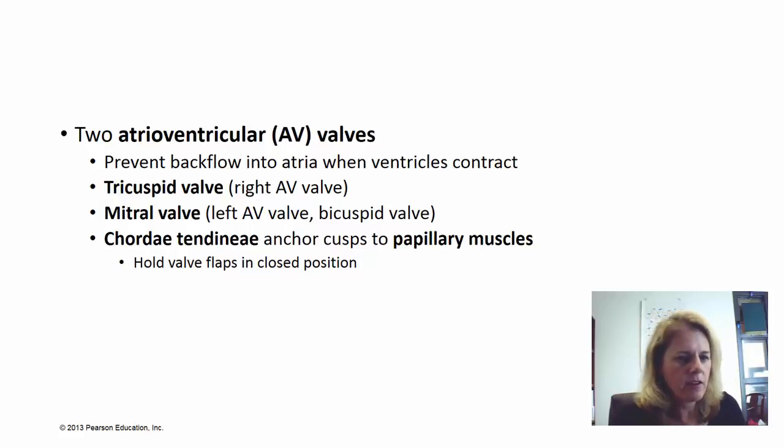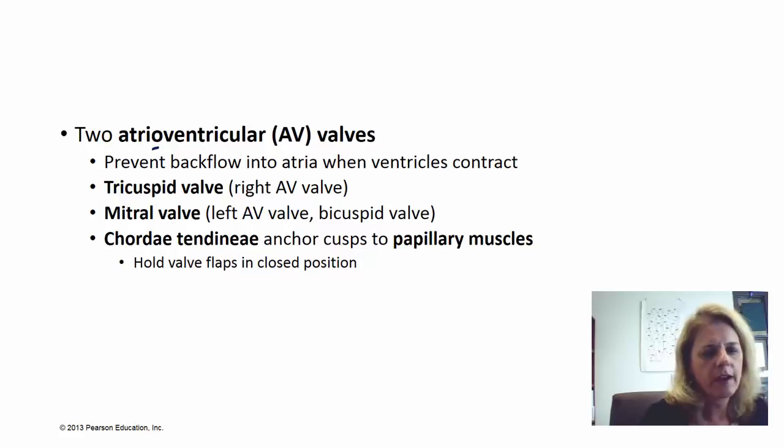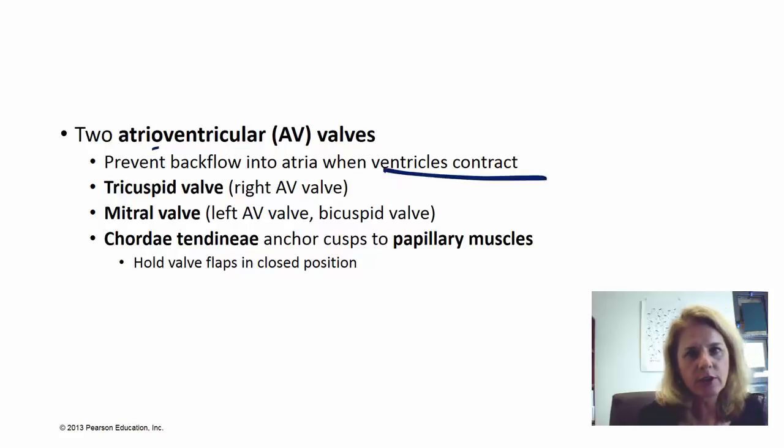So the AV valves, the atrioventricular valves, prevent backflow of blood into the atria when the ventricles are contracting. Okay? So you have a tricuspid valve, which is your right AV valve. You have a mitral valve, also called the bicuspid valve, which is your left AV valve.